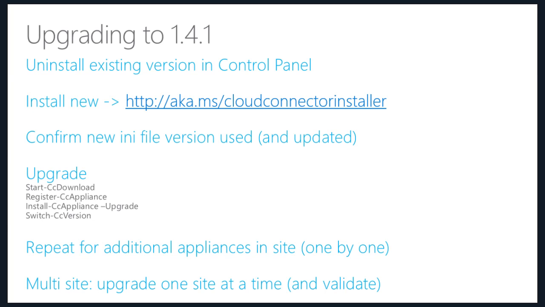Now, if you have a highly available deployment, you'll want to repeat this process for any additional appliances that you have, doing them one at a time, right? We don't want to do all of them all at once. We want to be able to do them one at a time and then validate and make sure that it is completed successfully. If you happen to have a multi-site environment, same rules apply, right? Upgrade them one at a time on a site-by-site basis.